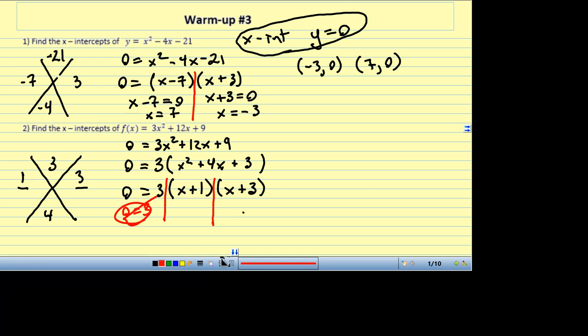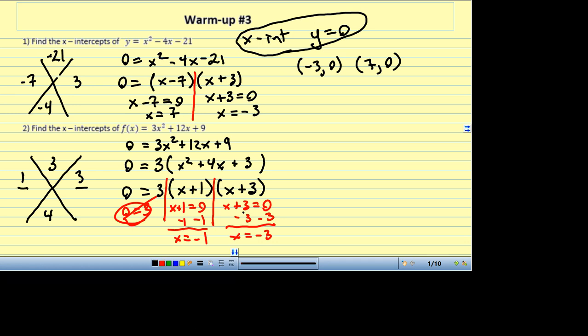What you need to worry about is x plus 1 equals 0 and x plus 3 equals 0. Subtract 1 from both sides. X equals negative 1. Subtract 3 from both sides. X equals negative 3. I've cleansed the demon.